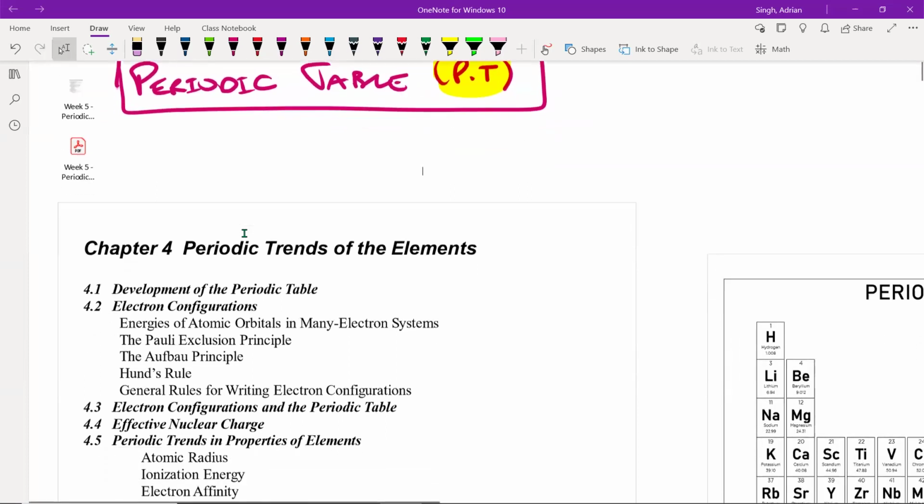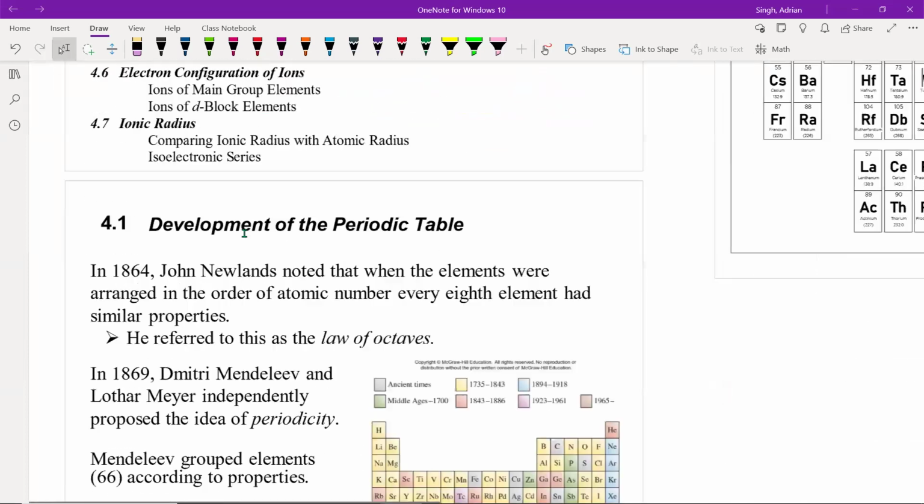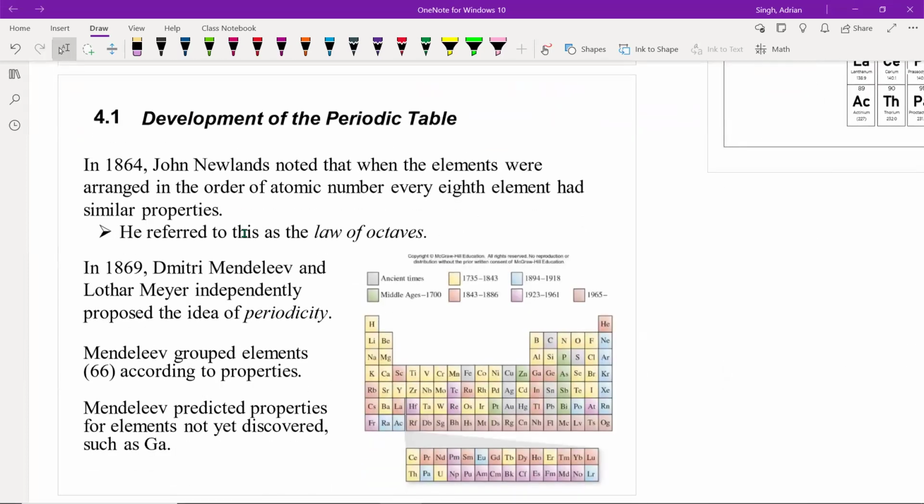So let's take a look, first of all, at some of the early developments in how the periodic table was organized. It started way back, just before the turn of the 20th century. Newlands noted that there was a repeating, or periodic, occurrence of properties when the elements were organized in a particular way.